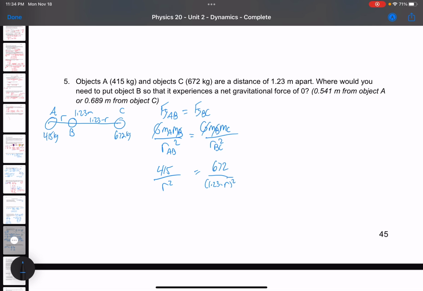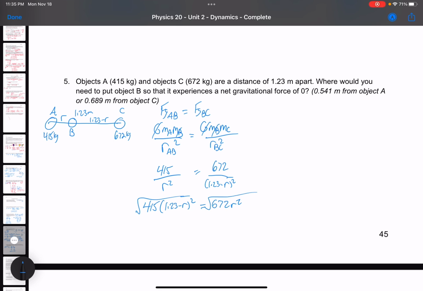Okay, so multiplying up again, if you don't understand why, just go back and watch the example from the actual class examples in this video. I go through it in a little bit more detail there. So it's going to be 415 and 672 R squared. Again, we have the luxury in physics of going to decimal answers, so I'm just going to square root everything.